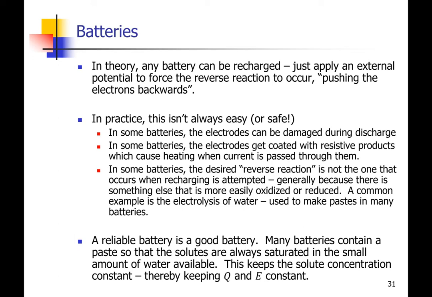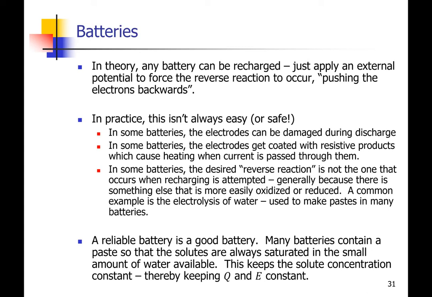There are a couple of basic approaches to doing that. One of them is to have all of your products and reactants be pure solids or pure liquids, so that all of their activities are 1 and the reaction quotient is just always 1. Another approach is to use saturated solutions and have a lot of solid material available to resaturate the solution as any components are consumed.